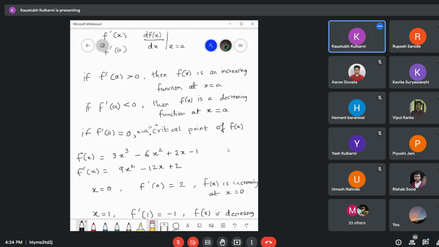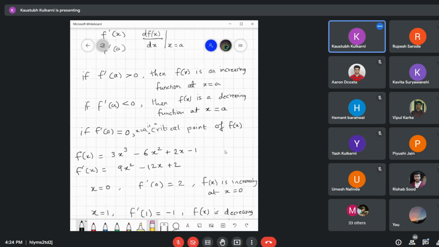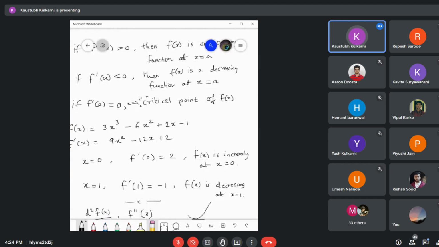Now there is the concept of local maxima, local minima, and global maxima and global minima.